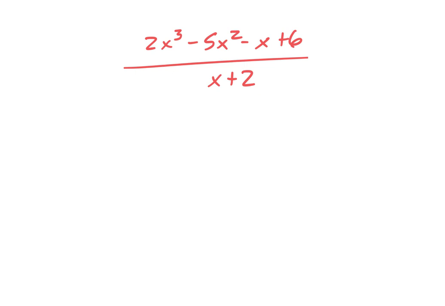Once again, we want to make sure all of our exponents are accounted for, so we're going 3, 2, 1, 0. Everything's accounted for, starting at 3 all the way down to 0. Now we're going to set up synthetic division. Because it's x plus 2, we're going to put negative 2 in the box. Our coefficients would be 2, negative 5, negative 1, and 6.